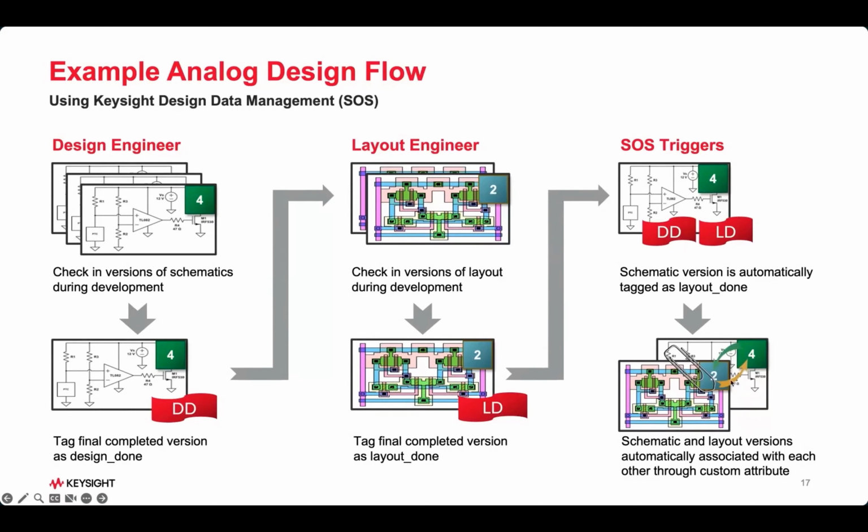And this way we have a relationship that's maintained with that single tag between both the schematic version 4 and the layout revision 2. So the layout done tag is our final label that gets applied in this flow, but it helps us correspond the two objects together. So again, using tags, using labels will help us with a flow. It will help us establish relationships that need to belong for certain objects so that they're all tied together.